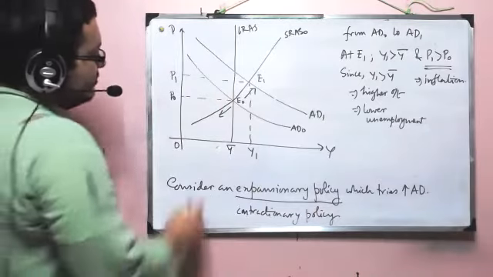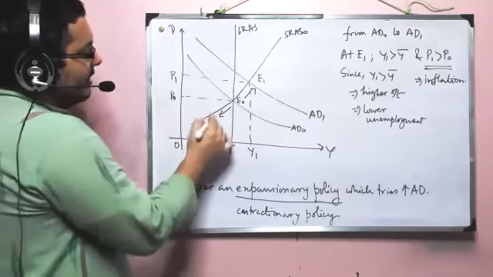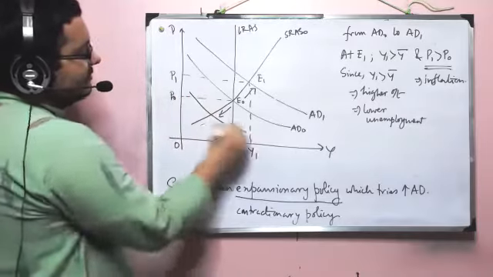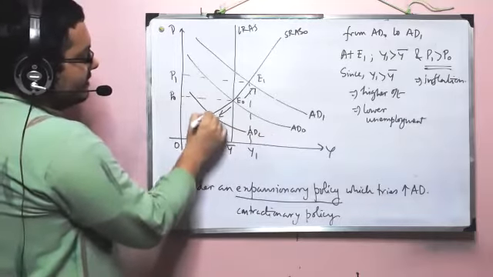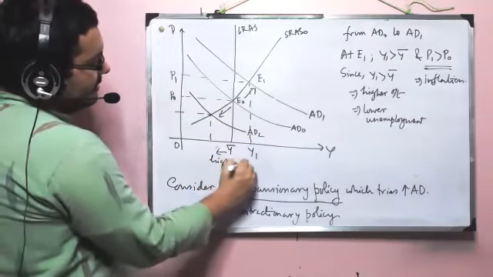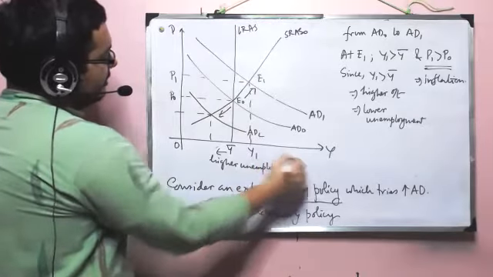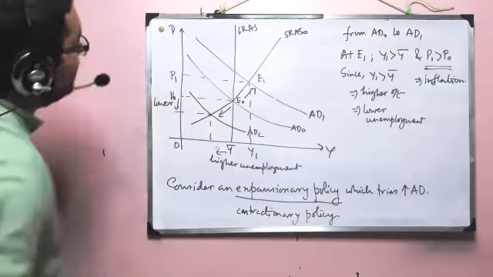Now, let me just draw this one. If I draw an AD2 like this, then we have the opposite problem. Moving in this direction means higher unemployment, and in this direction it means lower price level.